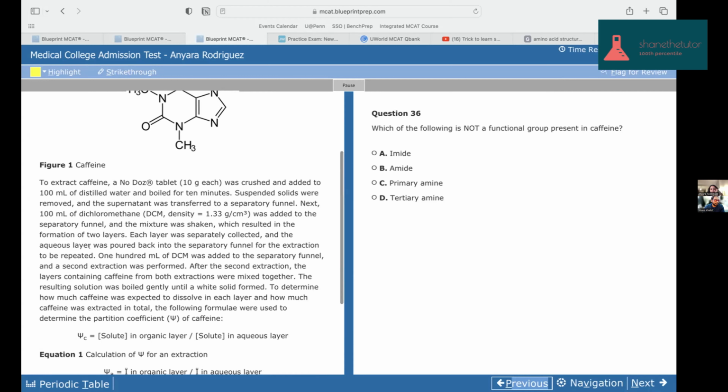Let me ask you this. What is a separatory funnel? It's a device that you use in a lab to separate things. What would it look like? Like this, narrower at the bottom, wider at top. Would it just be a regular funnel like that?